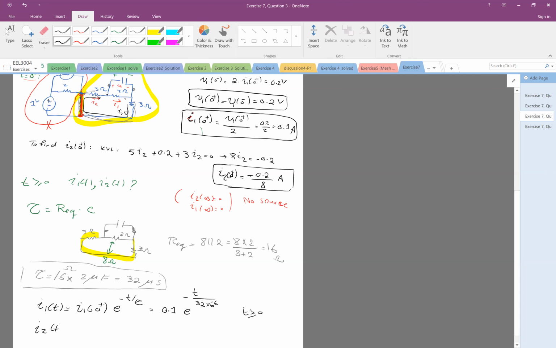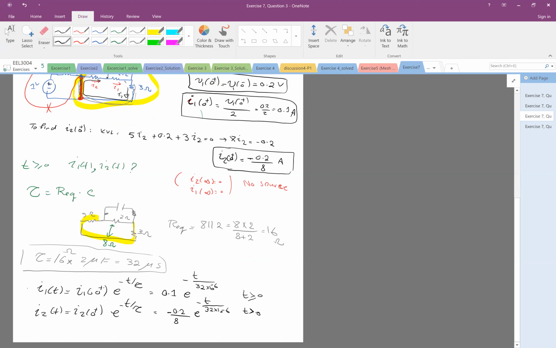And I2 is I2 at 0 plus times e to the minus t over tau. What's I2? It's negative 0.2 divided by 8, e to the minus t over 3.2 times 10 to the minus 6. Okay, so these are the natural responses for the I1 and I2 elements.